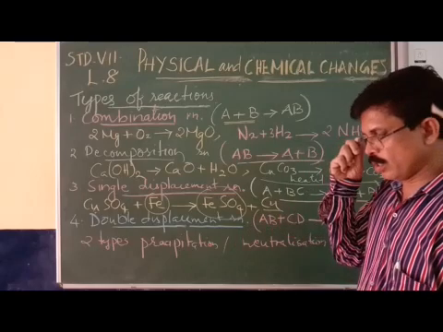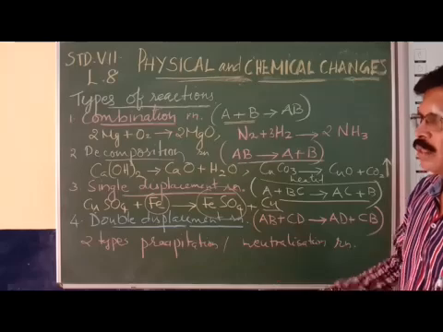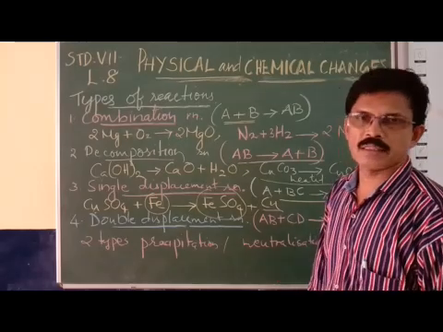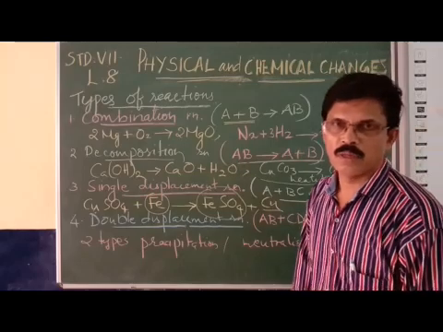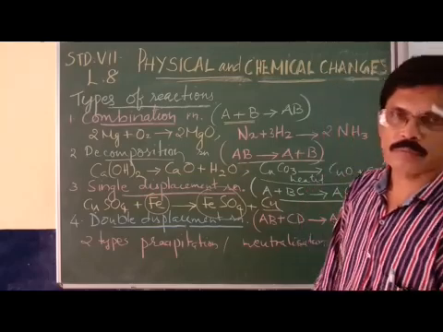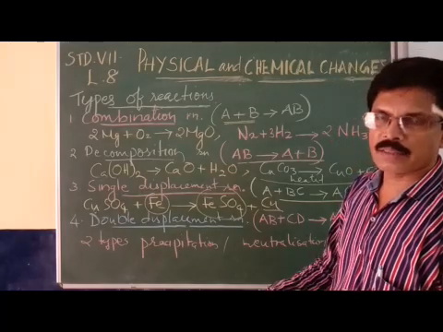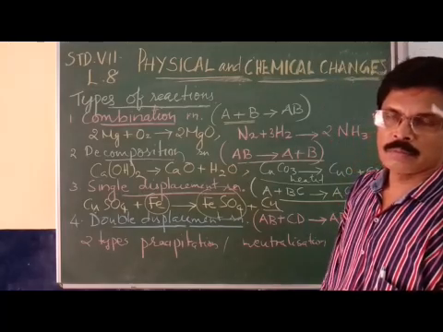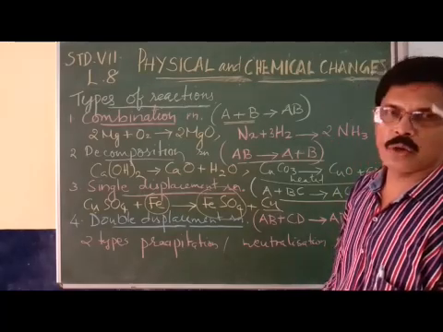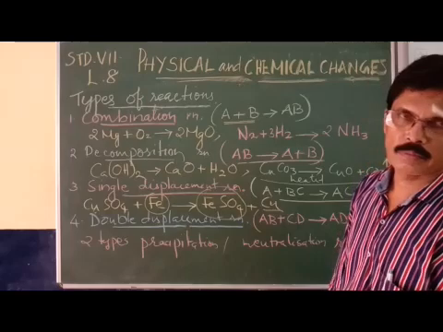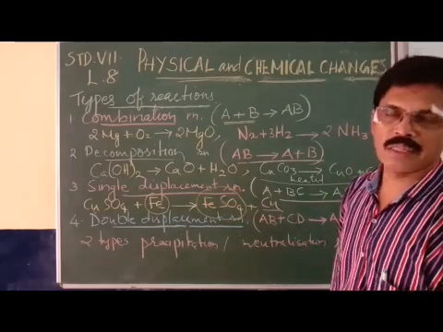A reaction in which a solid substance called a precipitate is formed in the solution, in a liquid form. When the elements react, they form a solid substance and this settles down. That is called a precipitation reaction.